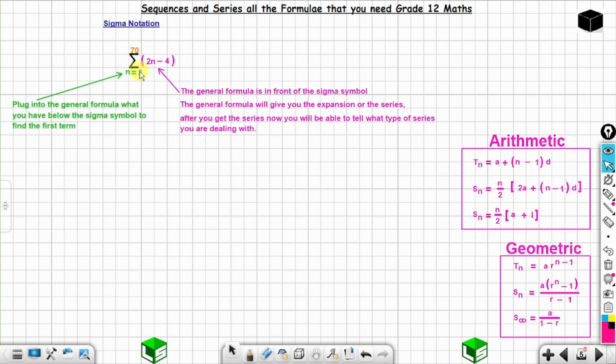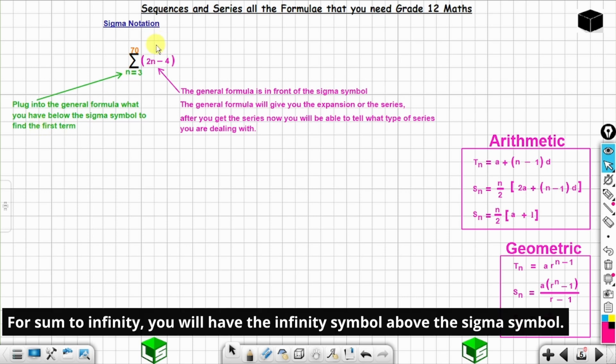You are going to use it. You plug it into the general formula, and then you are going to get your first term. And whatever you have above the sigma symbol, plug that into the general formula to find the last term.